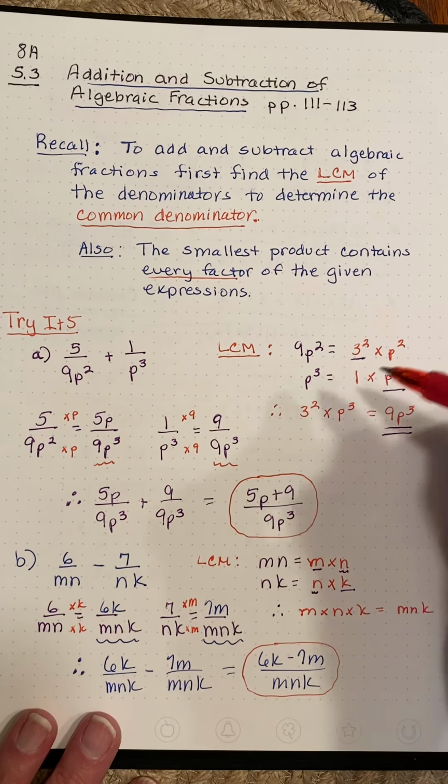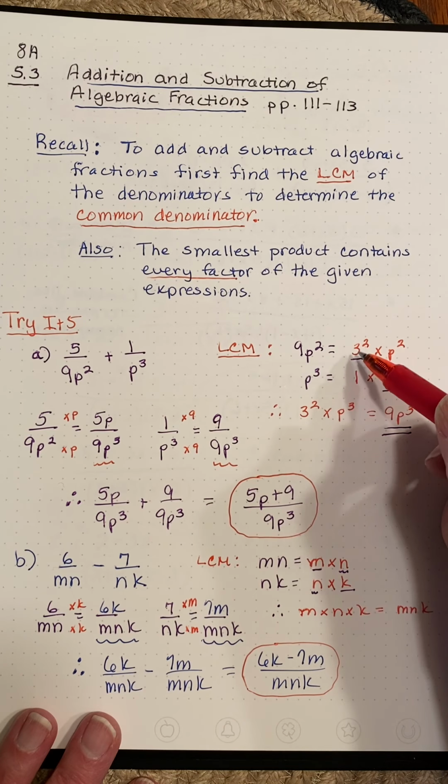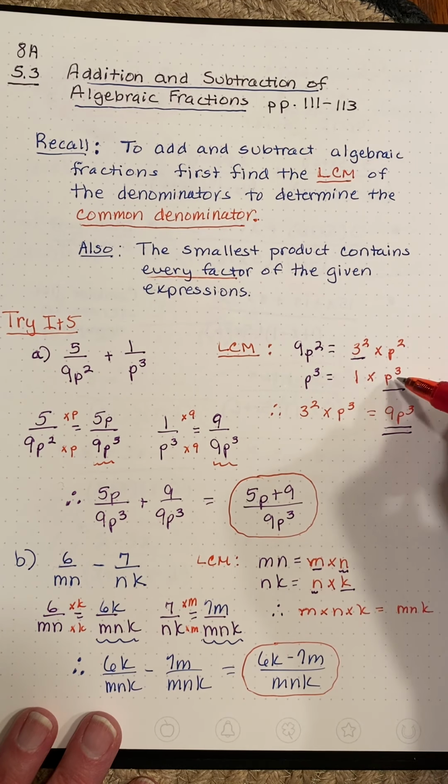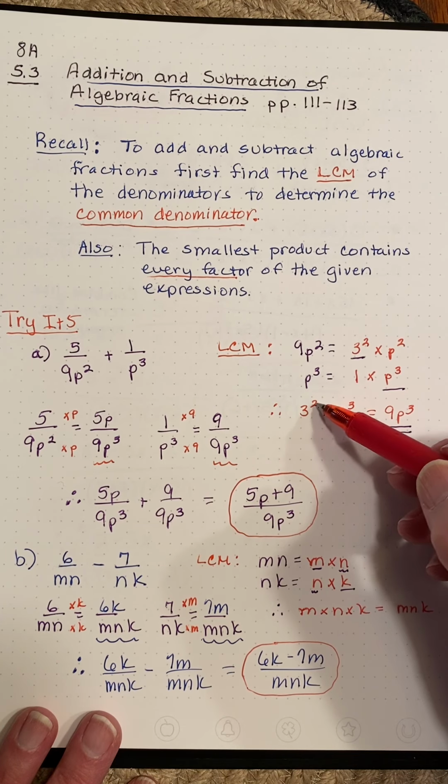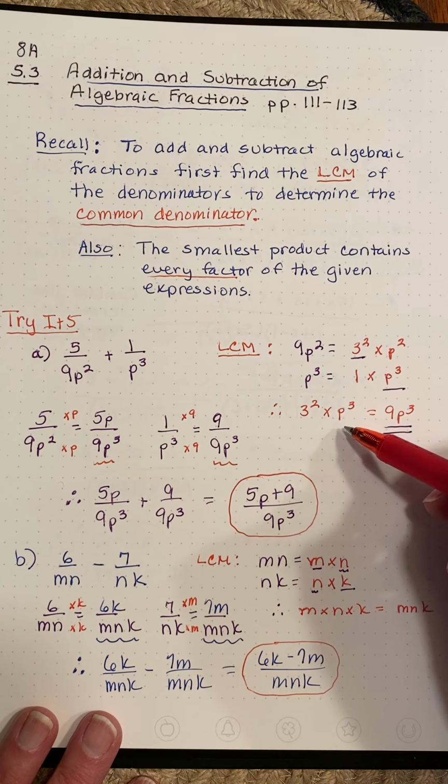At this point, I simply take the higher of my numerals and the higher of my letter with the same letter with the factors. So I take my highest factor.